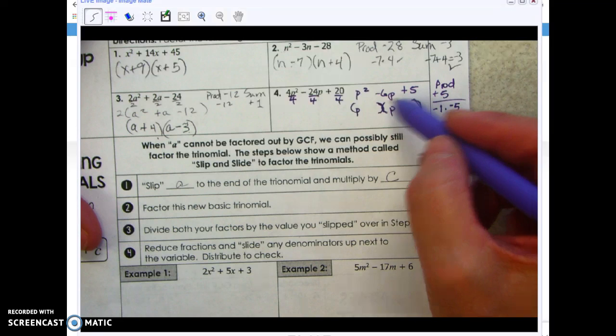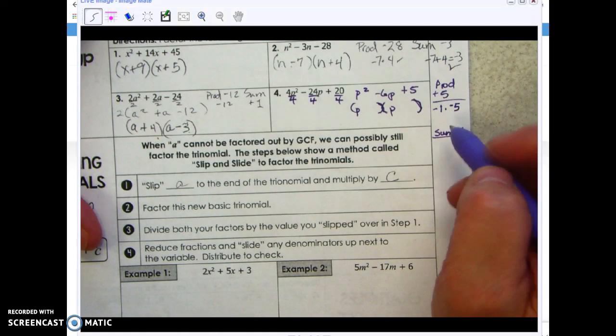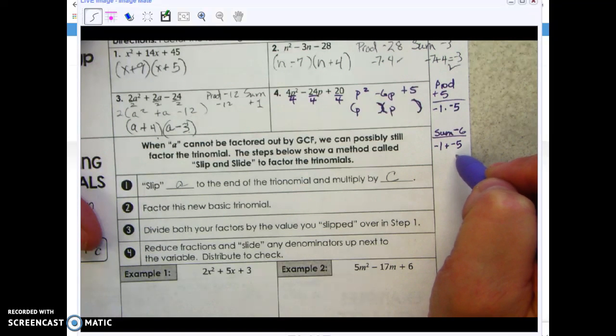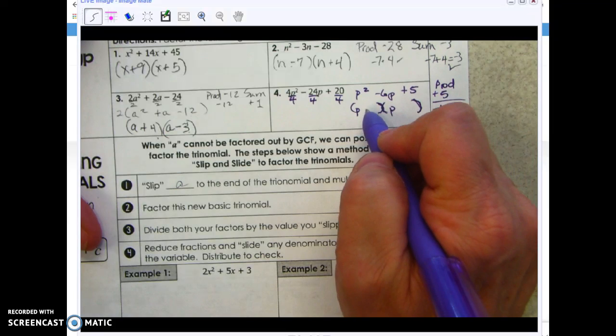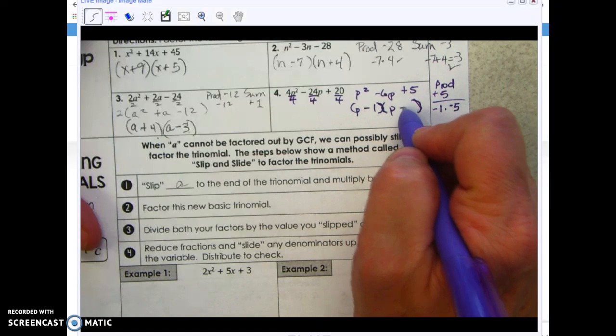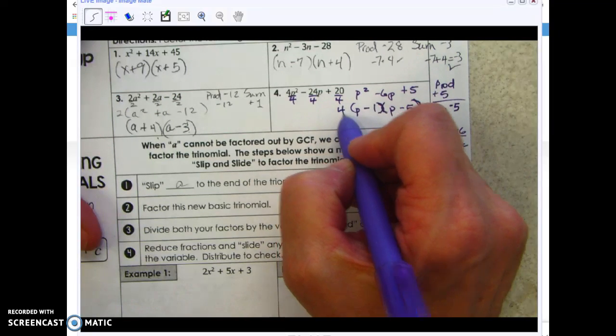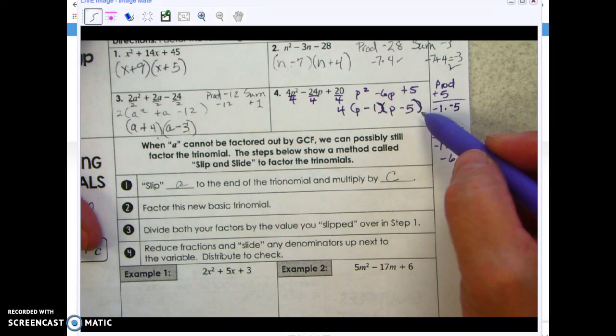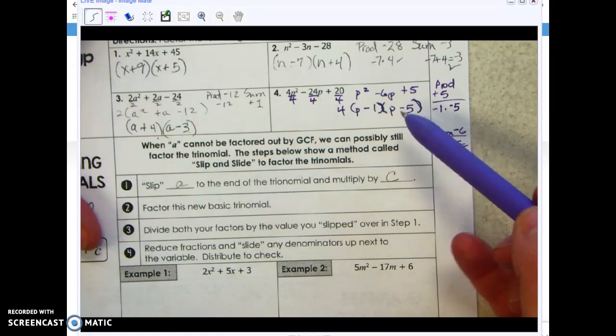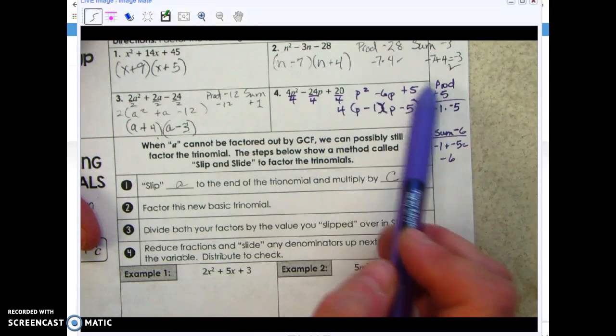That's how I'd get a positive here and a negative there. So negative 1 plus negative 5, add those together and they equal negative 6. So there it is. Negative 1, negative 5. And that 4 goes on the outside. So that's that factored.